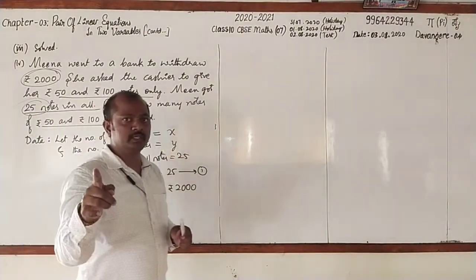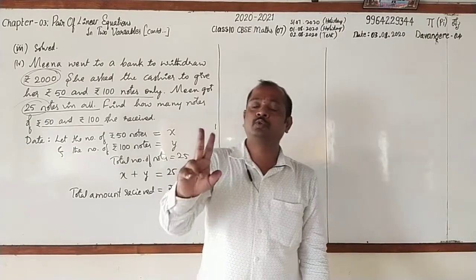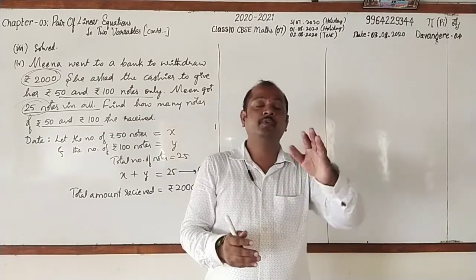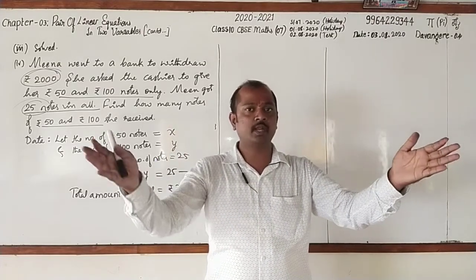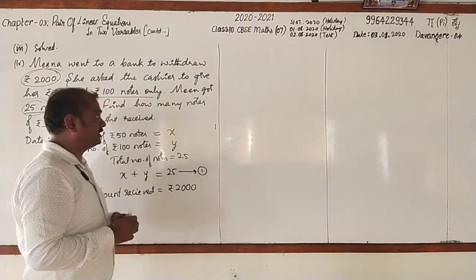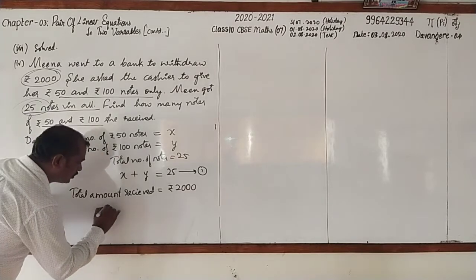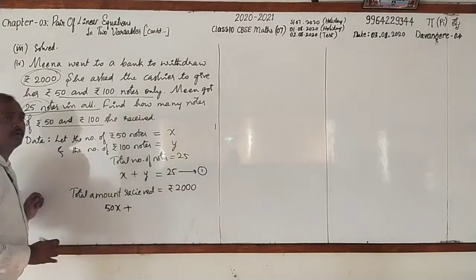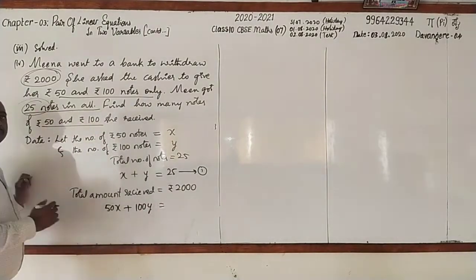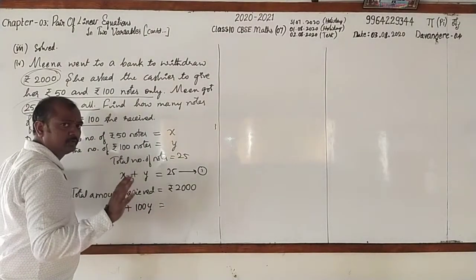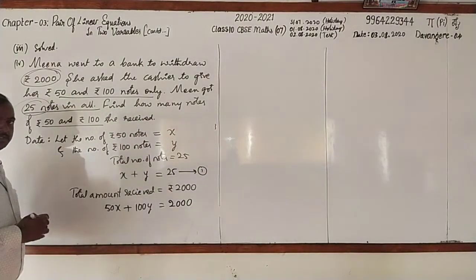If one 50 rupee note is there, we'll just say 50 rupees. Two 50 rupee notes, 50 into 2, that is 100. If 3 are there, 150. 4 are there, 4 into 50, 200, like this. If x number are there, x into 50, that is 50x. So 50x amount of 50 rupee notes and 100y amount of 100 rupee notes. Altogether it is 2000 rupees.